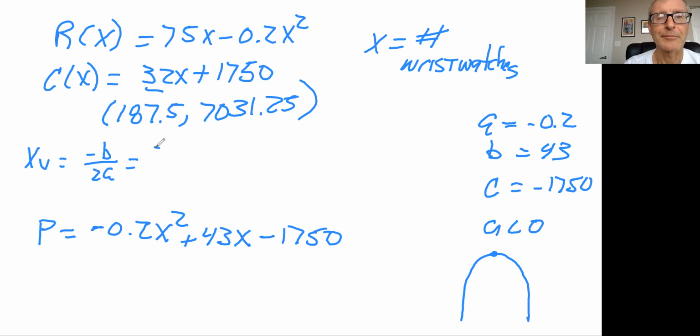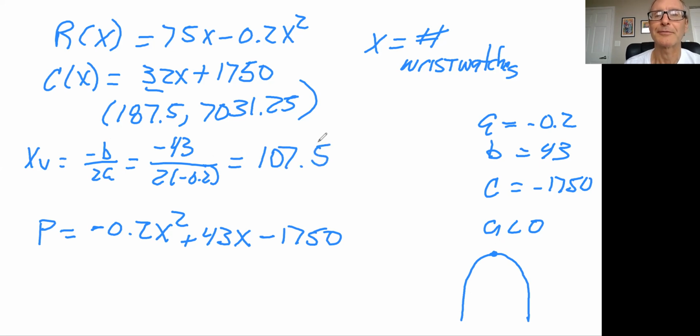And so now we'd have minus 43 over 2 times minus 0.2. Again, the negatives will both cancel out, which is good. And you would see that you would get 107.5 wristwatches. Again, physically, it doesn't make any sense, but for math-wise, that would be this point right there. So the question is, what is the maximum profit? Well, plug in the x value of the vertex into your profit equation.